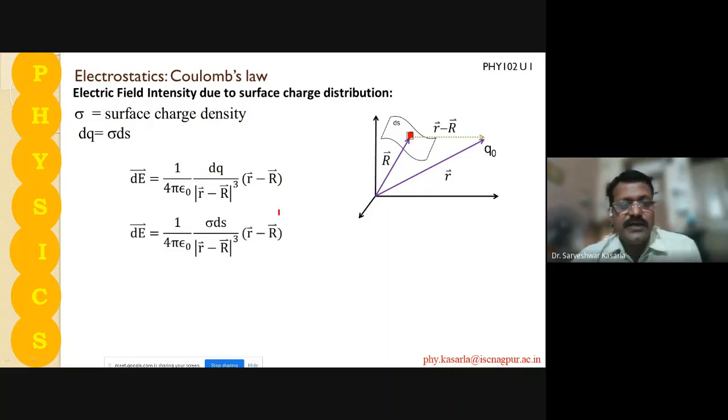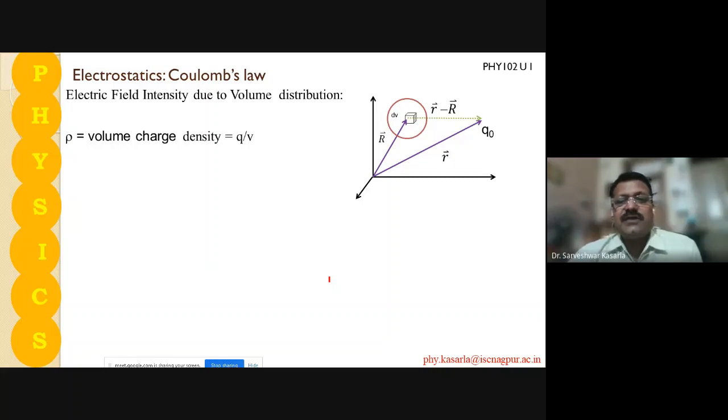When you integrate this term, you will get the intensity at the point due to the complete surface area where the charge is distributed. If the total charge is q, it is distributed along the surface area, and the intensity can be found like this. But here the intensity depends upon the surface charge density. This is to be remembered.